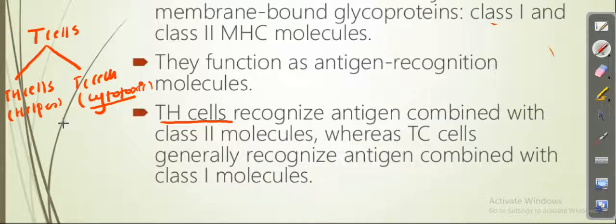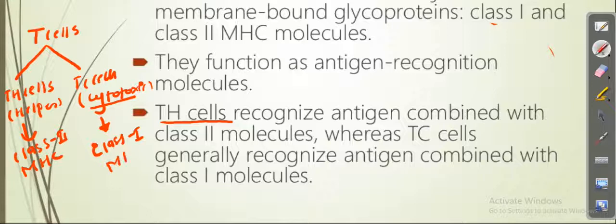So here what happens, TH cell recognizes antigen which combines with class 2 MHC. Class 2 MHC. Please keep this in mind. This is the major difference. And TC cell recognizes antigens which generally combine with the class 1 MHC.